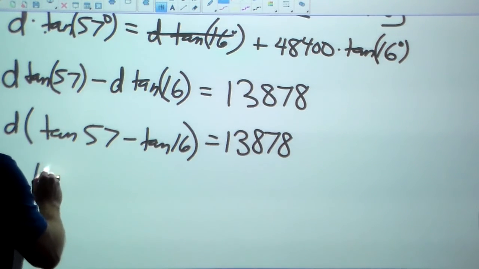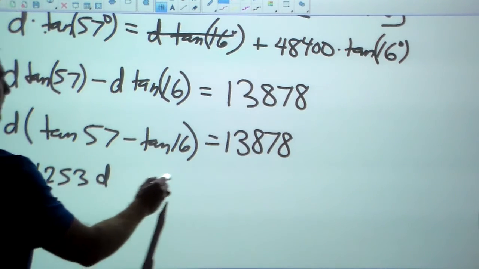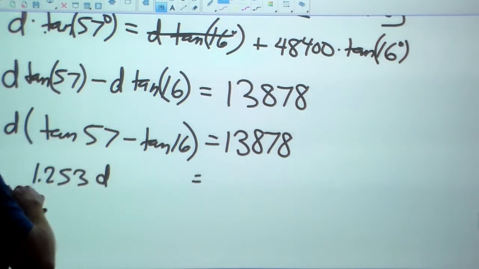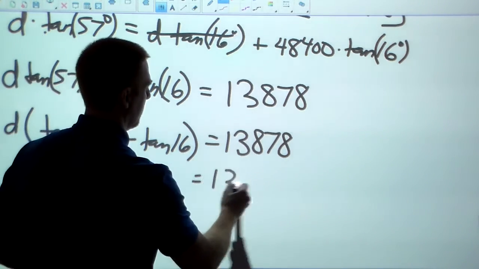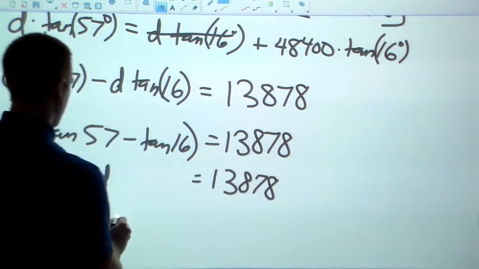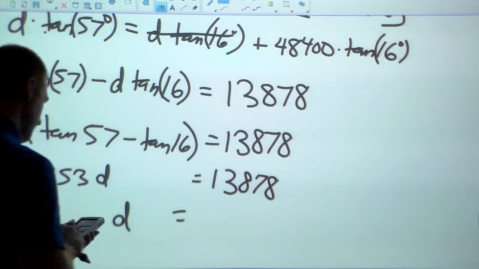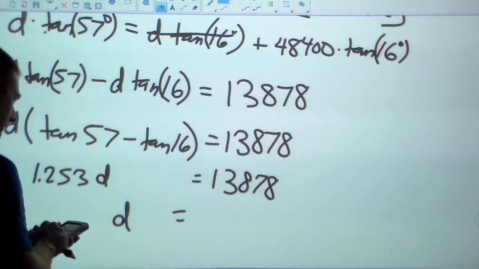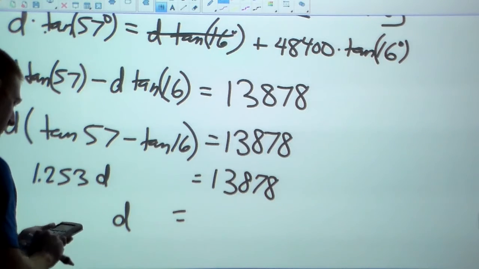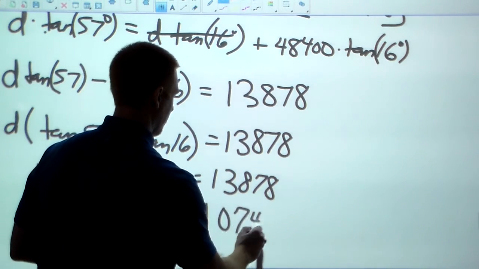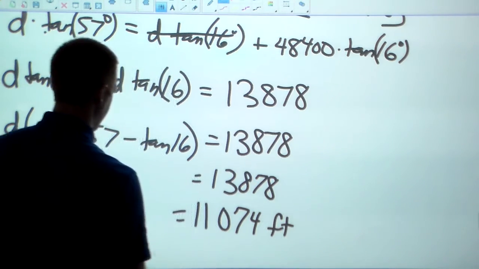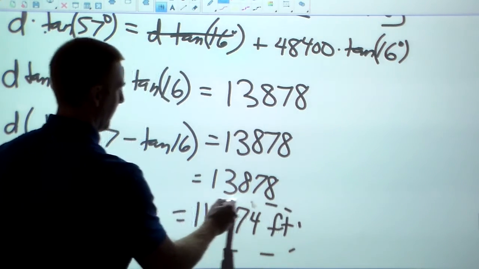So I'm going to get 1.253D. And I'm going to use all the decimals in the calculator. I'm just going to write a few down here, but when I actually divide, I'm going to use all those. So D, when I do my division, 13,878 divided by this number, gives me about 11,074 feet.